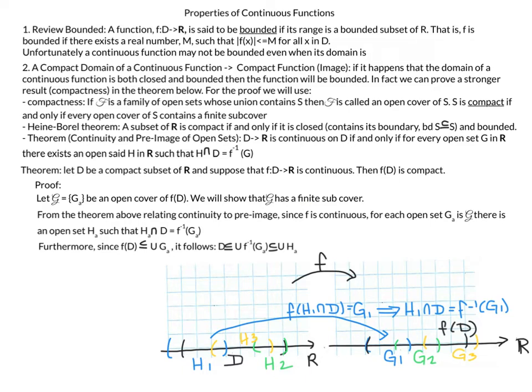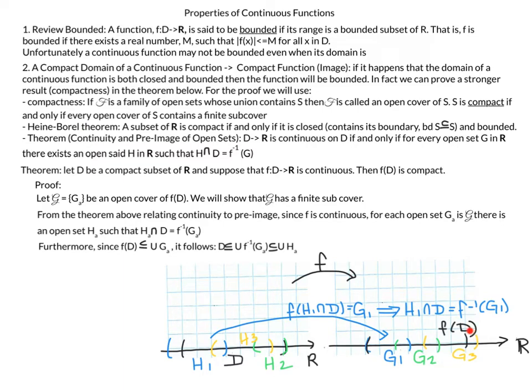Then for each of these open sets in the open cover, G1, G2, and G3, there's an open set over here in the domain. So H1 doesn't have to be completely in the domain, but the part of H1 that intersects the domain will map to G1, by this theorem here, continuity and pre-image of open sets.